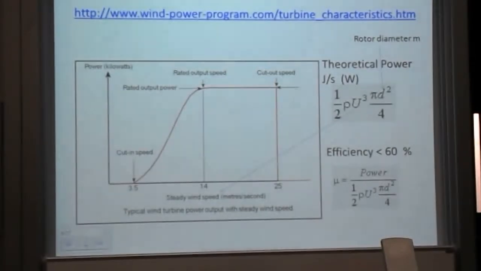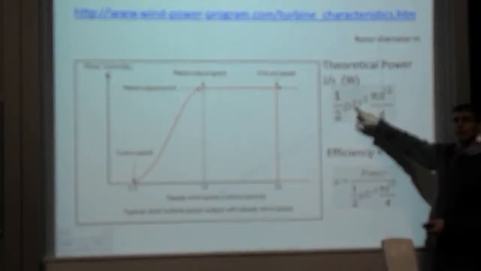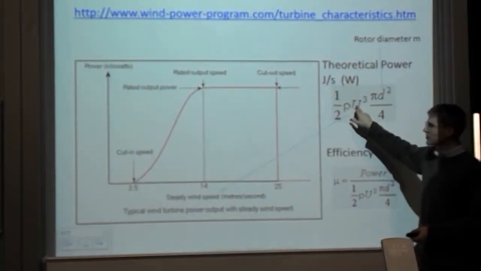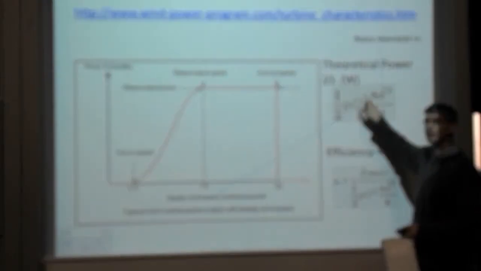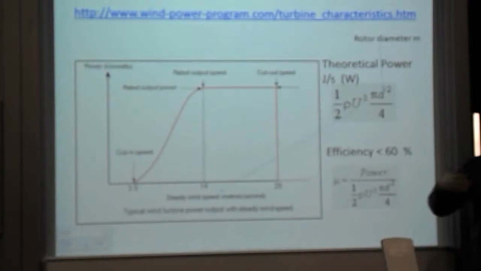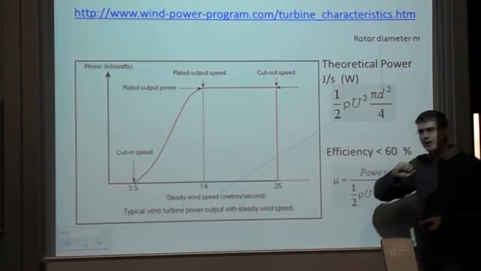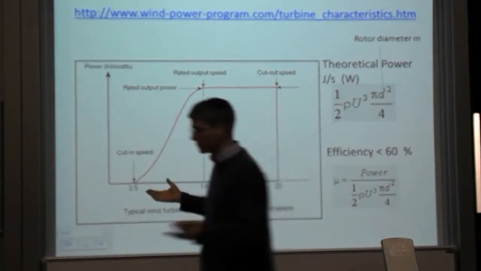So how much power can you get from a wind turbine? Well, here's the velocity of the wind. So it's cubed. So this is a cubed relationship typically. So the kinetic energy in wind, how much energy is in wind? It depends on the cube of the wind. What else do you think it depends on?